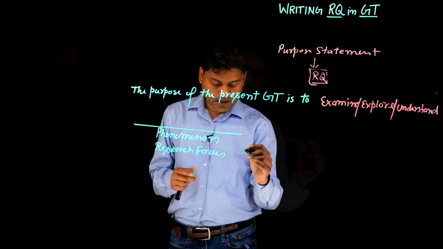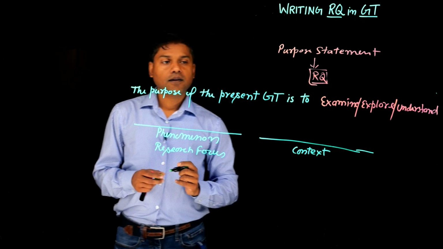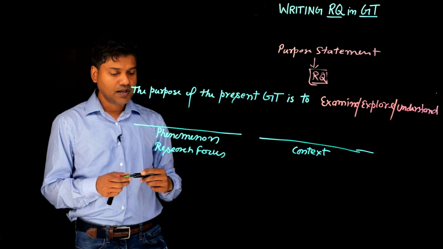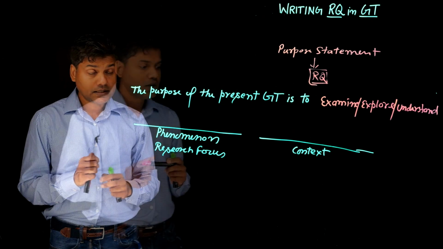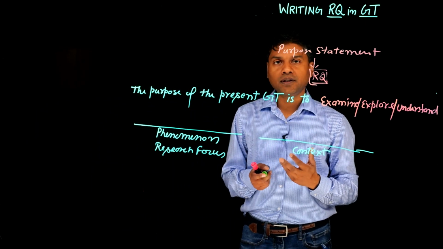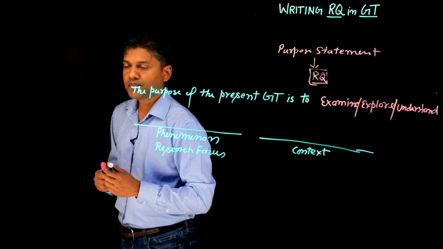And finally, write a context. Let's explore it further with an example. Let's say I want to understand college student athletes' experiences and the processes involved in leadership development among student athletes.